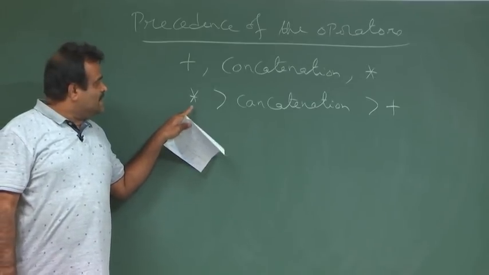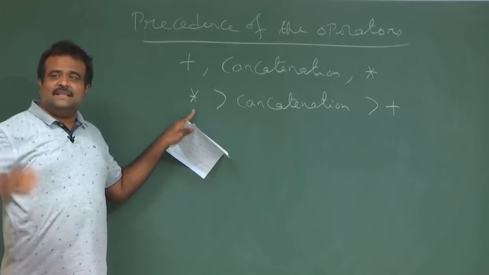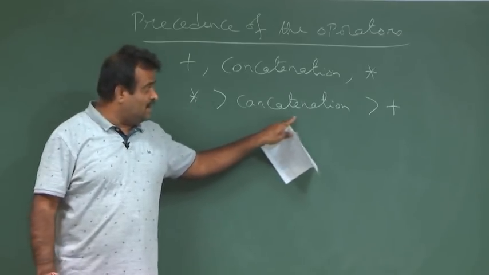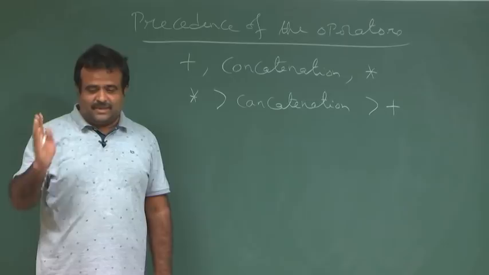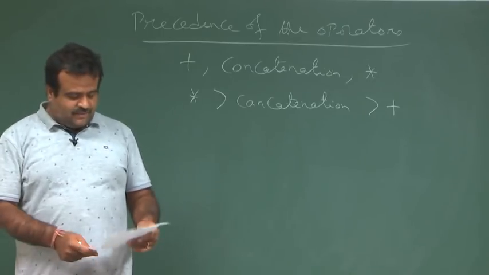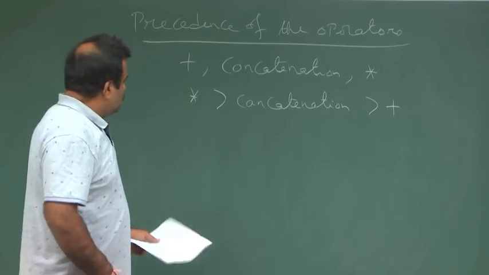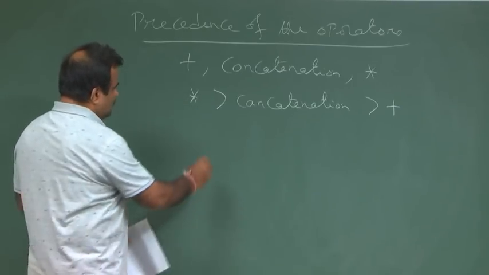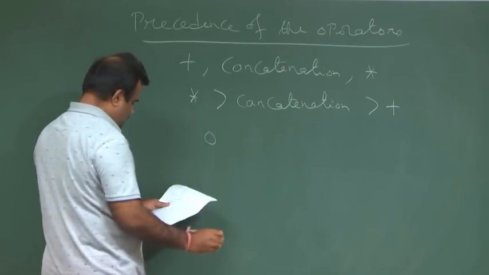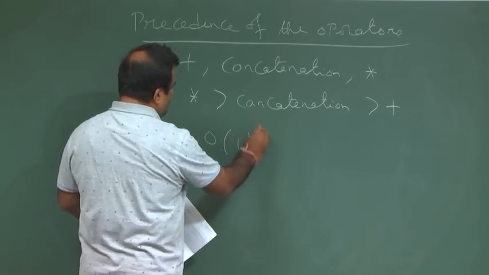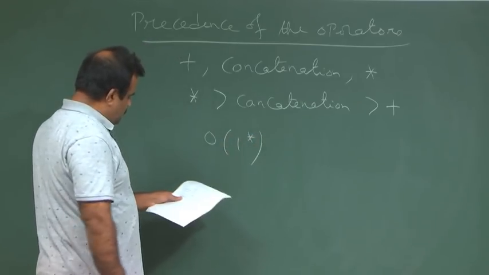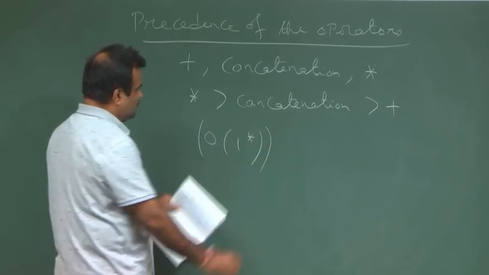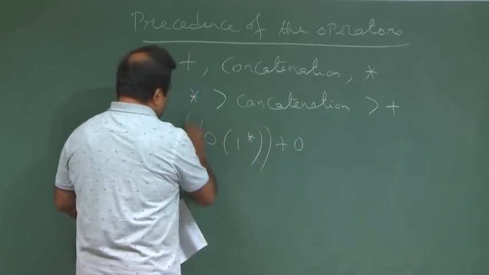Star has higher precedence than the concatenation, and the concatenation has higher precedence than the plus. So, plus has the least precedence. Okay. So, if we follow this convention, then we can denote this by, say, 1 star, this is the first one we want, then we want to operate with concatenation 0, then 0.